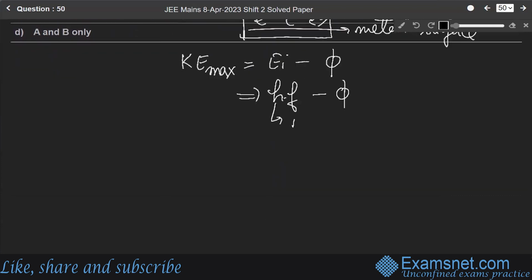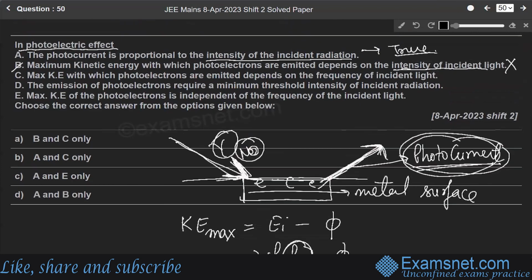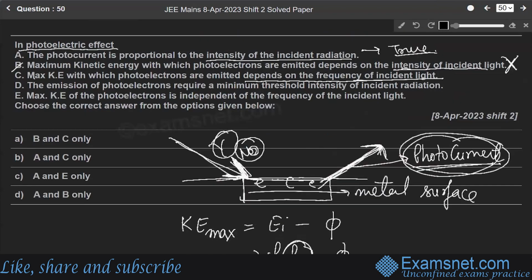Here h is Planck's constant and f is the frequency. So the kinetic energy depends on the frequency, not on the intensity. So this statement is wrong. The third is that the maximum kinetic energy with which photoelectrons are emitted depends on the frequency of the incident light. Yes, it depends on the frequency of the incident light. So this statement is true.